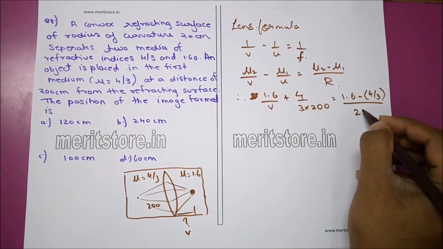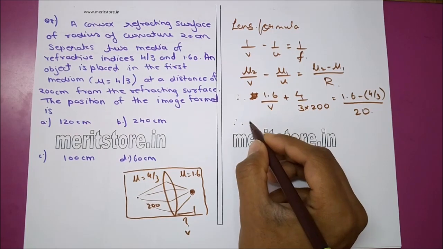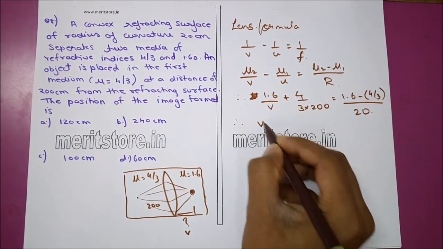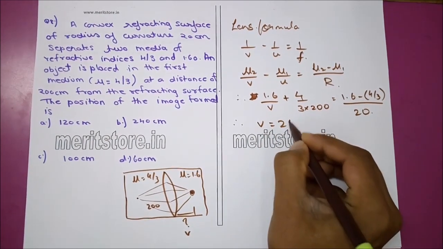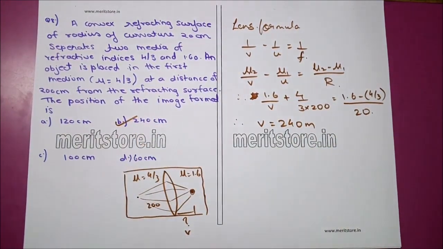R is given as 20 centimeters. So solving this we will get the value of v as 240 meters. Hence option B is the correct answer.